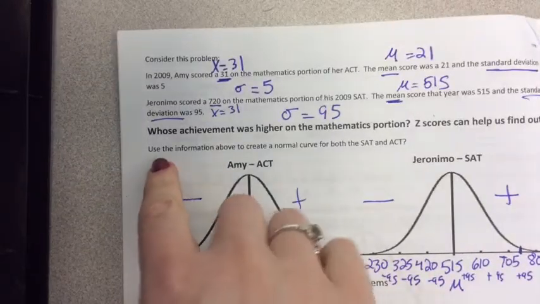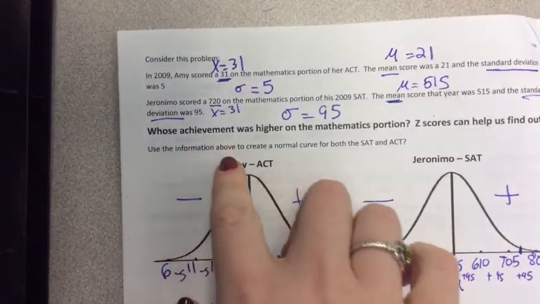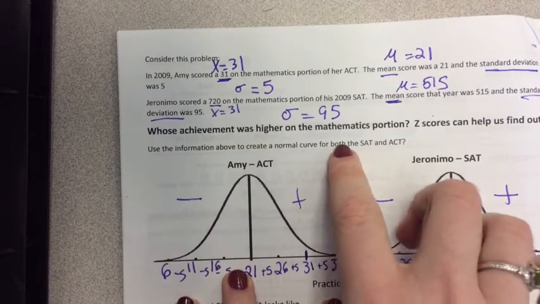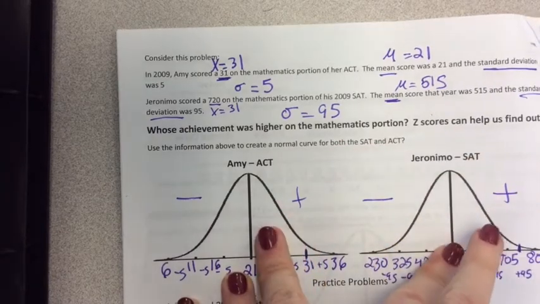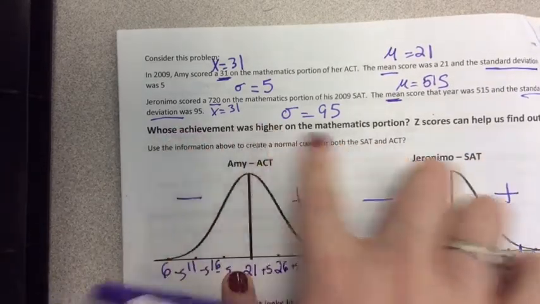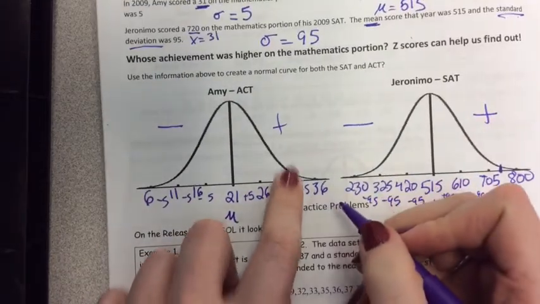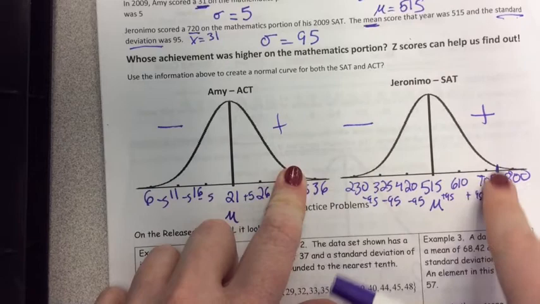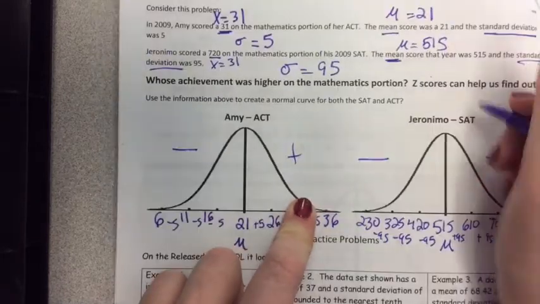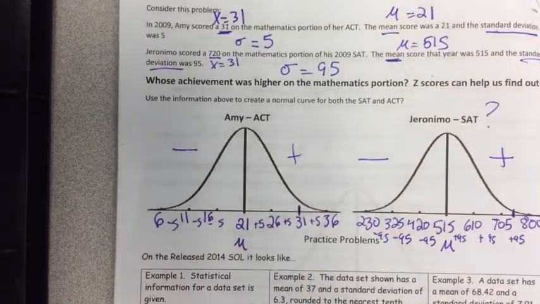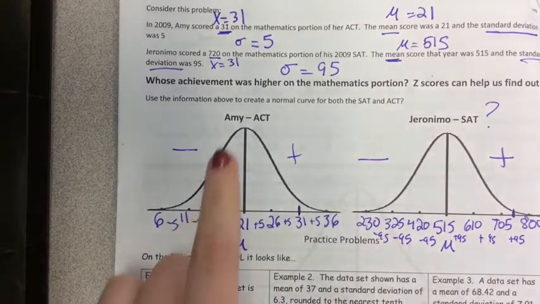And the question says, use this information above to create a normal curve for both the SAT and ACT. Okay, we did that. So then it says whose achievement was higher on the mathematics portion. So Amy's was at the 2 mark, and Geronimo's was at the 2 and a little bit over mark. So I think it's Geronimo. But let's find our z-scores to figure out who did it.